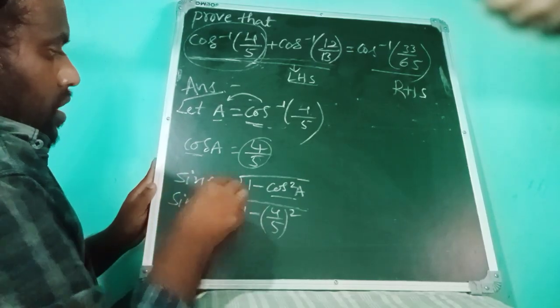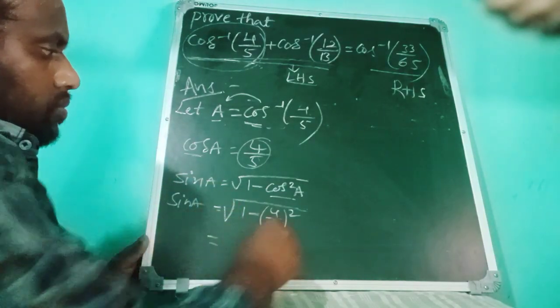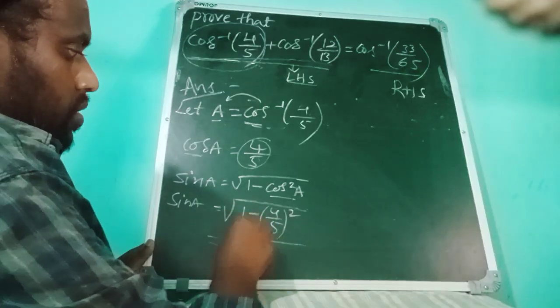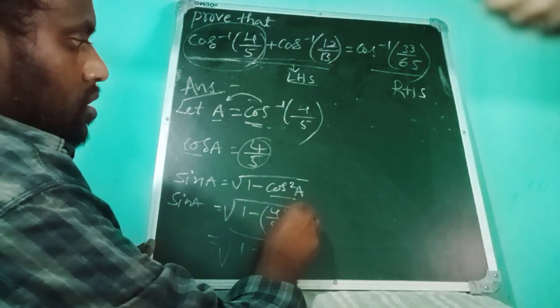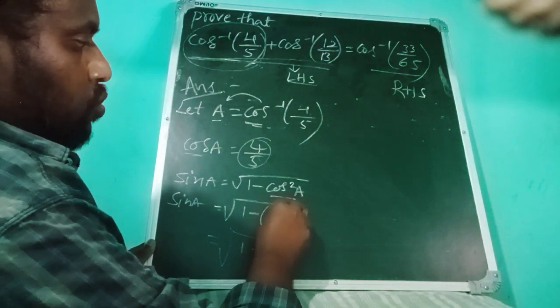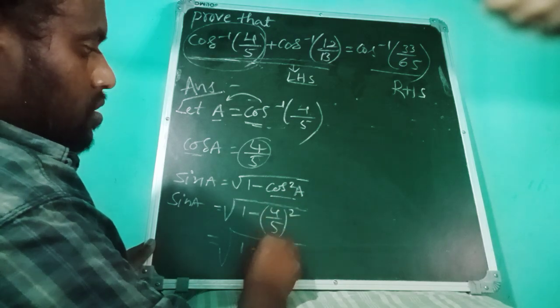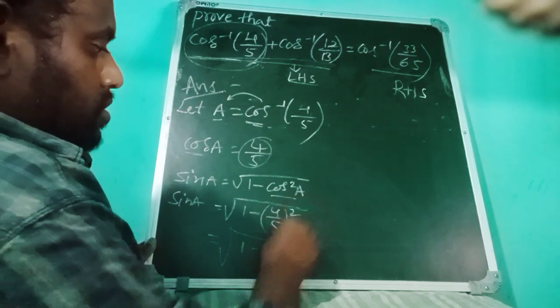So sin A is equal to square root of 1 minus, square is applicable to 4 and 5 separately, so 4 square divided by 5 square.